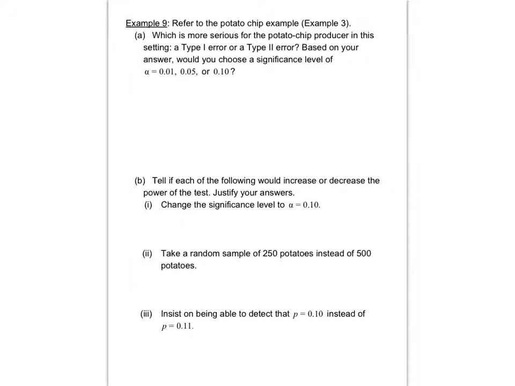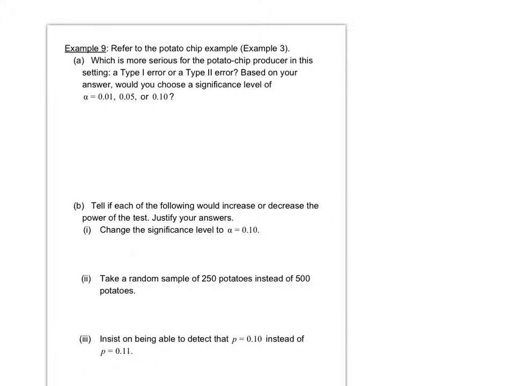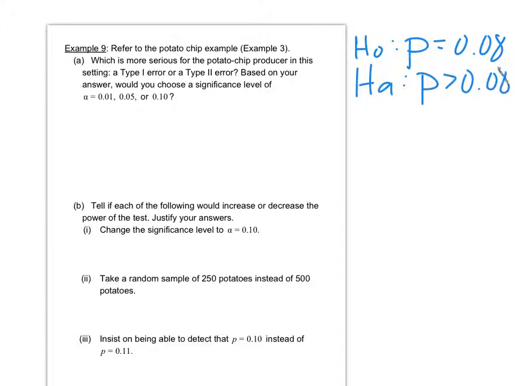If I look at this last example here, we're referring back to the potato chips, where we had a null hypothesis of being equal to 0.08 and an alternative hypothesis of being greater than 0.08, okay? In this case, it's asking which is the most serious for the potato chip producer, a type 1 or a type 2 error.